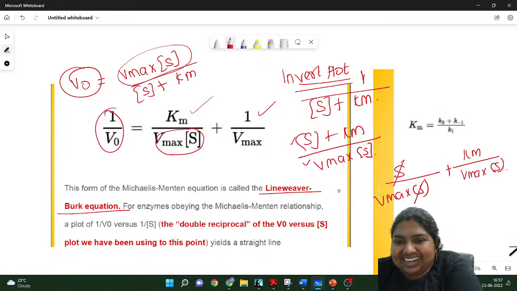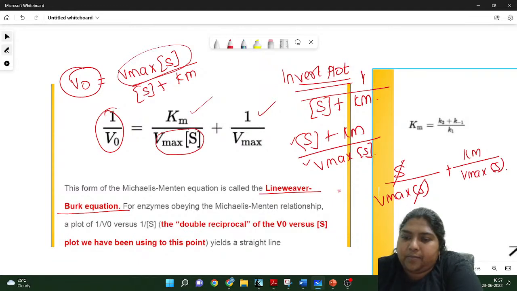So you make it individual: S by V max into S plus Km by V max into S. That makes your Lineweaver-Burk plot 1 by V naught equals Km divided by V max into S, plus 1 by V max.